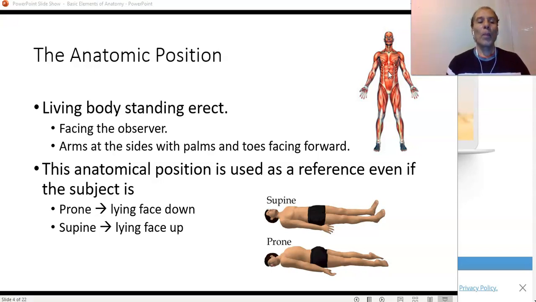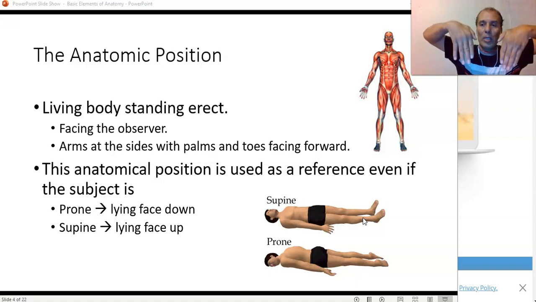Now, if the person is laying down on the back, as you could see in the supine position, the difference is the back of the hands is facing you, okay, like that.